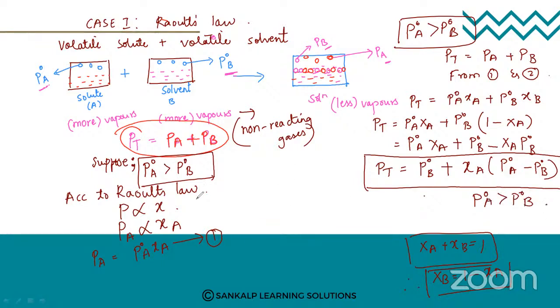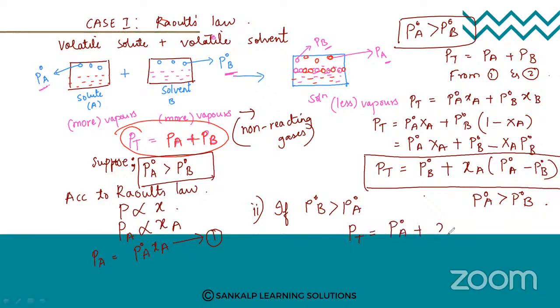Similarly, if P naught of B is greater than P naught of A, the same procedure you have to follow. So P_T will be equal to P naught of A plus chi of B into (P naught B minus P naught of A).